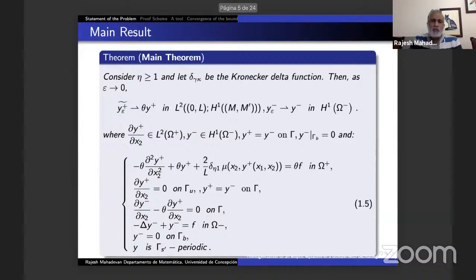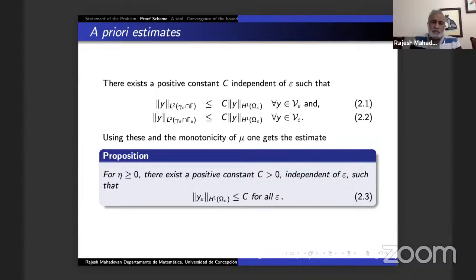So how do you prove such a result? To prove it, you need to begin by getting some a priori estimates, and then to identify a suitable space where you can have some kind of convergence. So it's important for this to have the following kind of Poincaré estimates on the oscillating boundary, which can be managed.